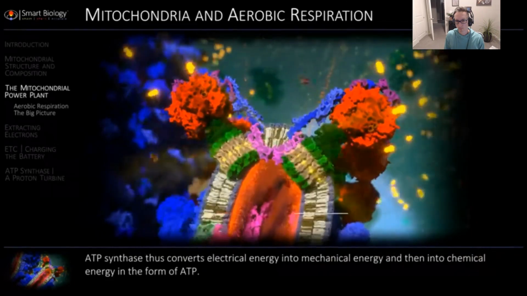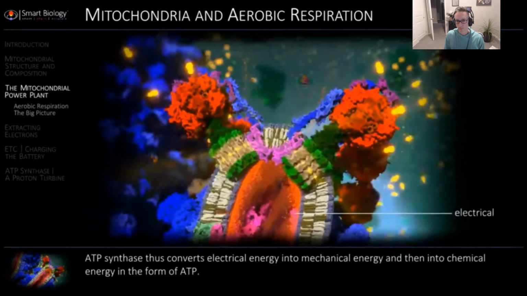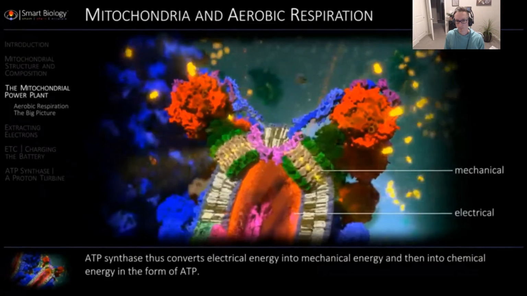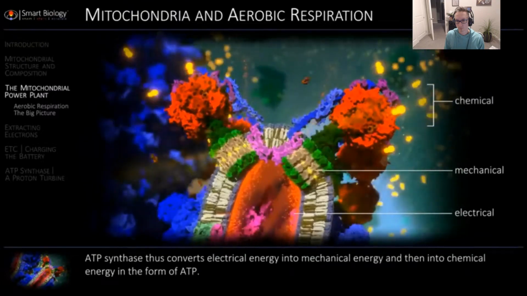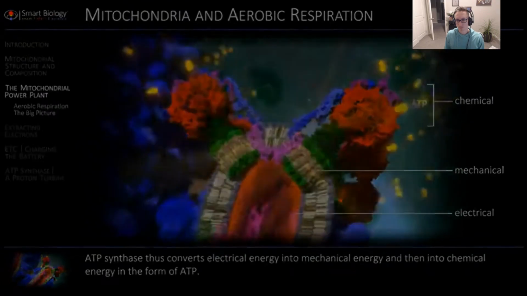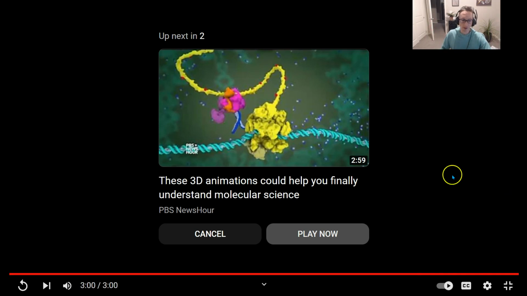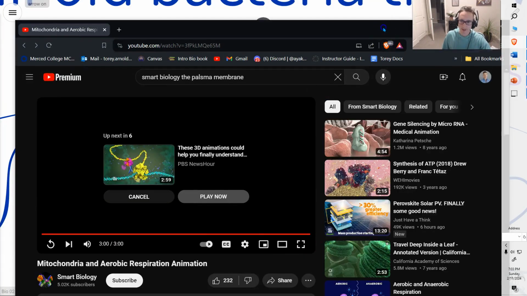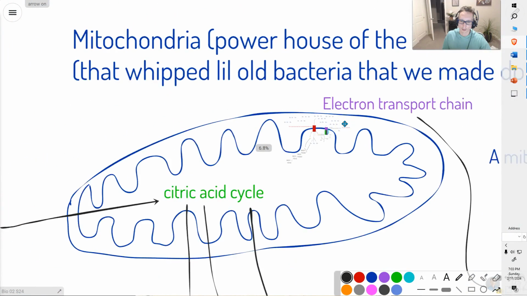ATP synthase thus converts electrical energy into mechanical energy and then into chemical energy in the form of ATP. Pretty wild stuff there. Okay, I think that's all I care to kind of share with you.